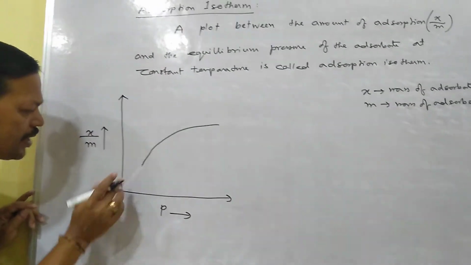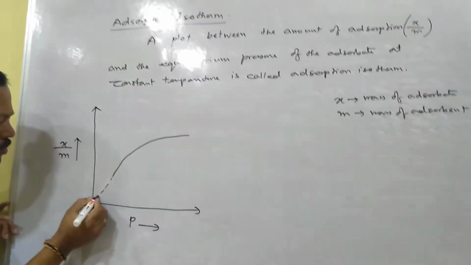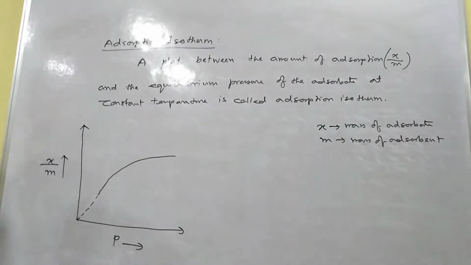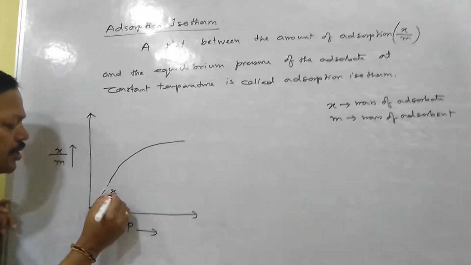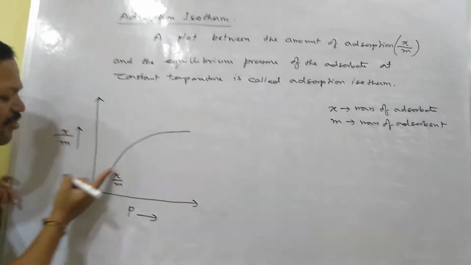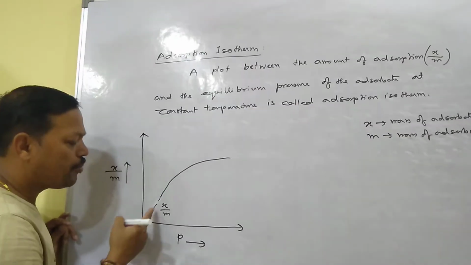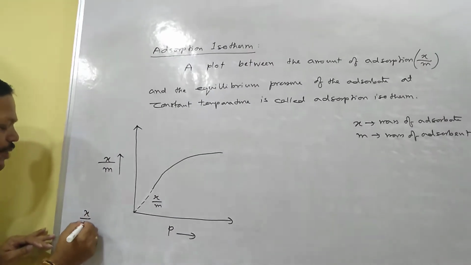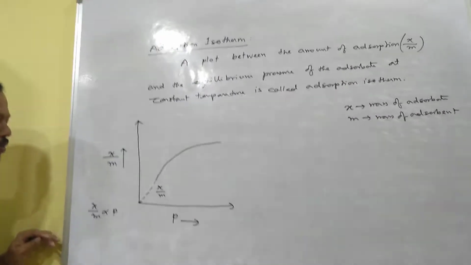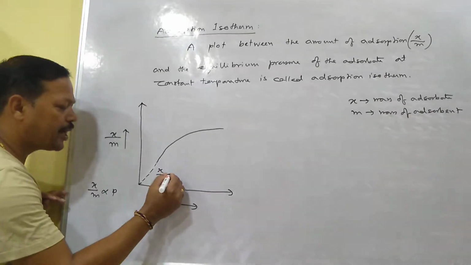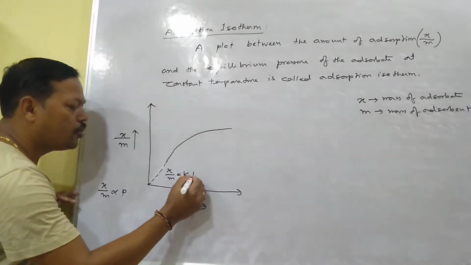Initially, since the curve is nearly straight, the amount of adsorption is directly proportional to pressure. That means you can write x by m equals k into p.